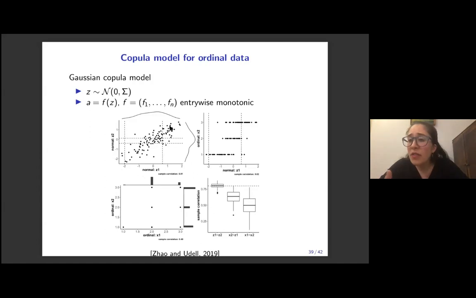But then your observations have done some horrible non-linear thing to it. For example, one horrible nonlinear thing you might do is truncate. If the data is above this dashed line, then you truncate to value 3. If it's between these two dashed lines, you truncate to value 2. And if it's below this line, you truncate to value 1.